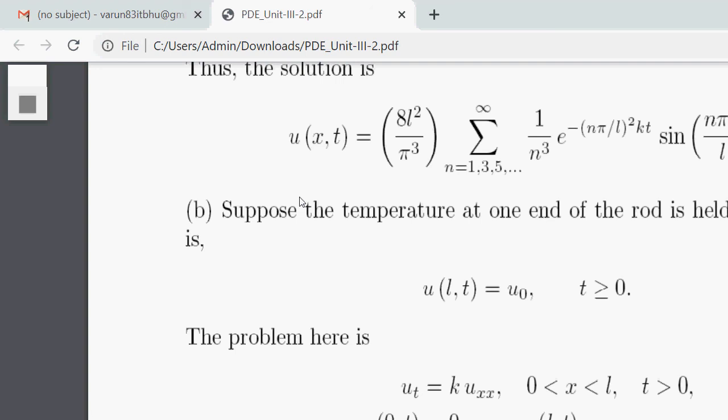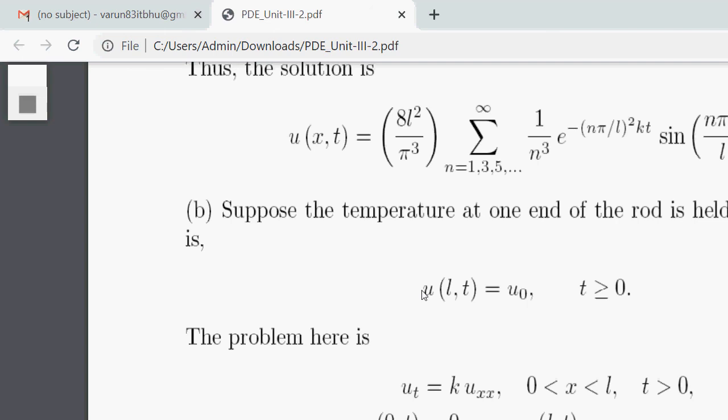But here u(L,t) is u0 because the temperature at the one end is constant. So we assume u0 for t greater than 0. So the given problem 7.5.1 reduces to ut = k uxx for x belongs to open interval 0 to l and t greater than 0, u(0,t) is equal to 0 and u(L,t) is u0.